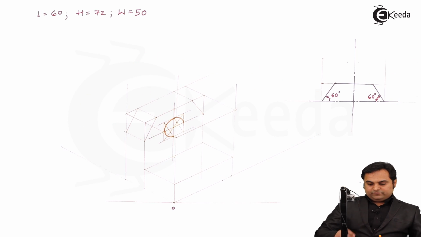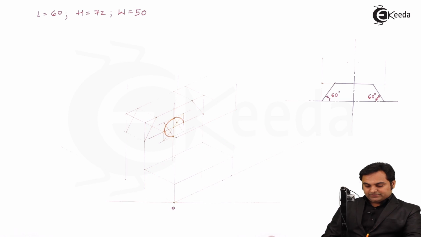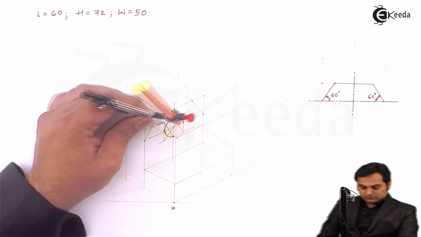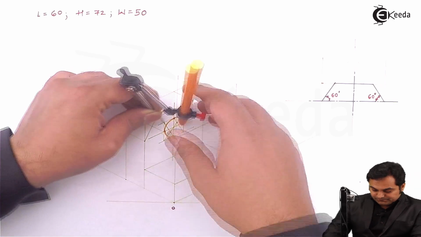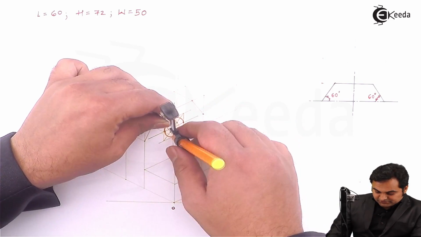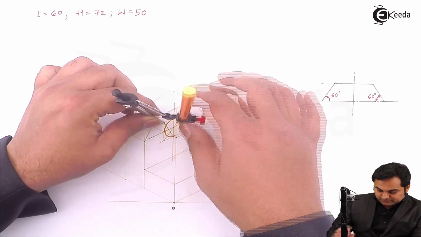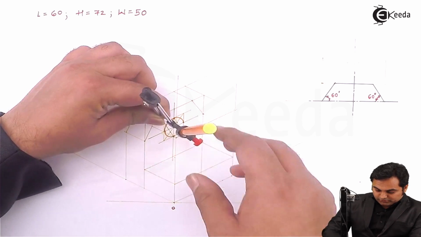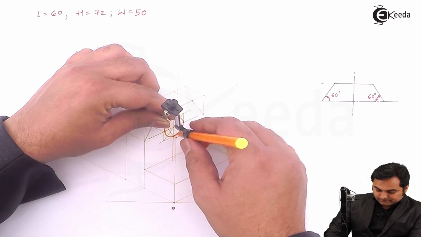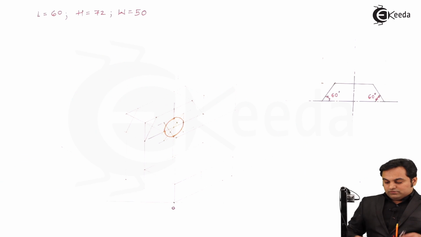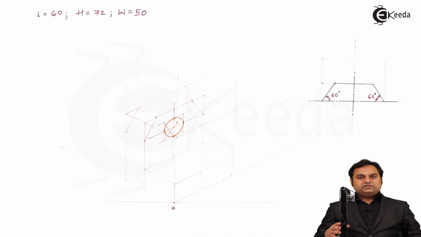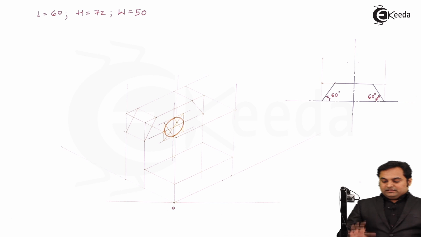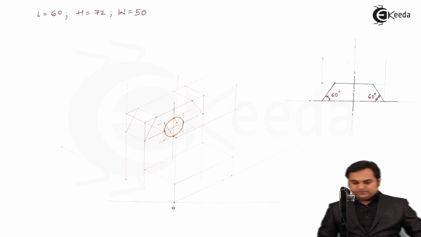Next, from the opposite corner to this center, take this center and this much radius, that is up to these points, and draw a light arc. Now once I have drawn this circle in the isometric view, light, now I can make it dark.